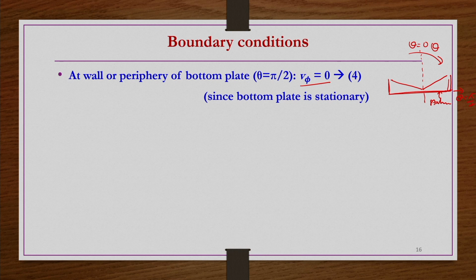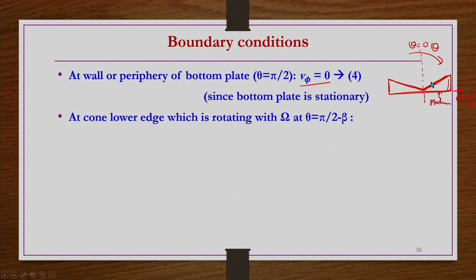But at the lower edge of the cone, the velocity is not 0, because the cone is rotating with a certain velocity. That is at theta equal to pi by 2 minus beta, because the cone angle is beta and the entire angle is pi by 2. So pi by 2 minus beta is the location of the lower edge of the cone, which is rotating with omega.